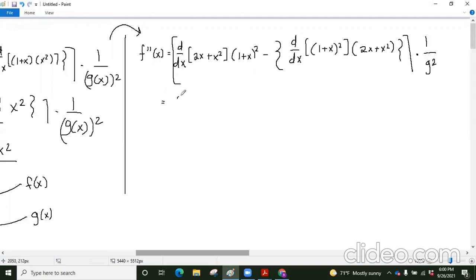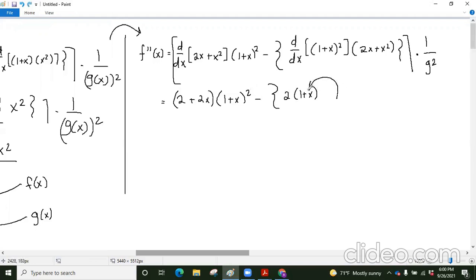Derivative of 2x is just 2 plus 2x, right? So we're taking the derivative of this and this. And then multiplied by 1 plus x squared, and then we're still finding the derivative of this. So this is 2 and then 1 plus x, the first power.